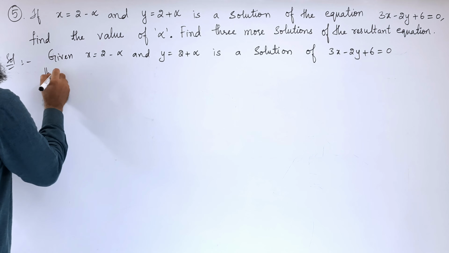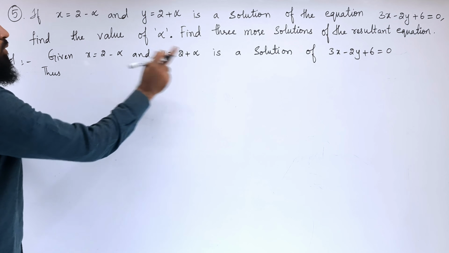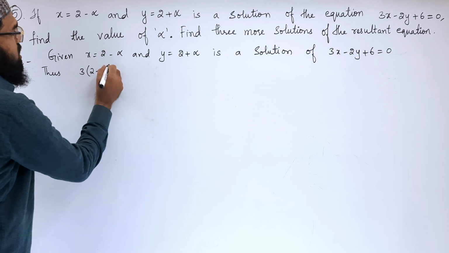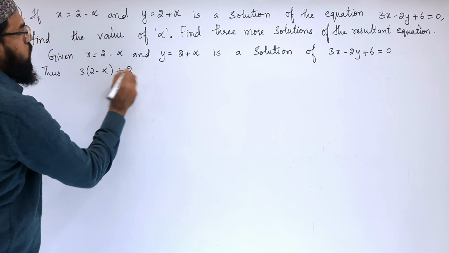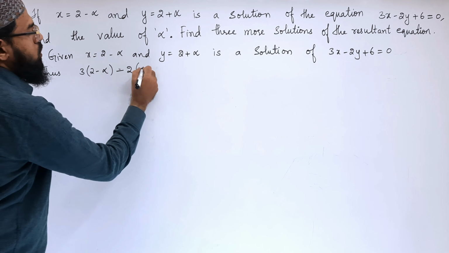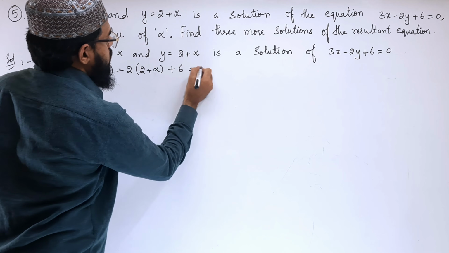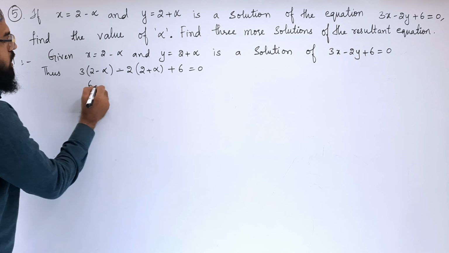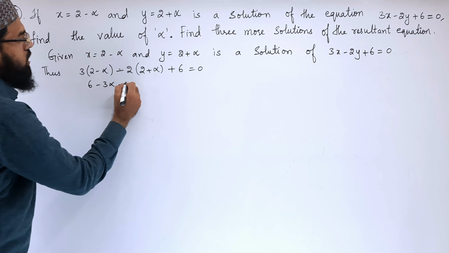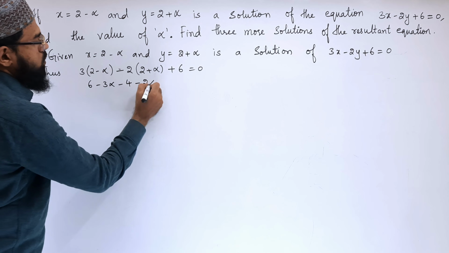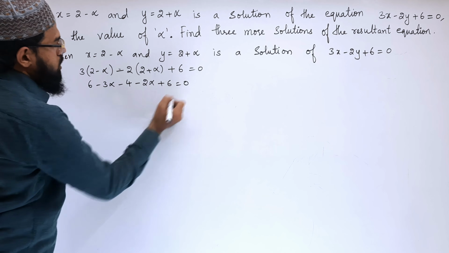Thus, if you substitute this in x place, so 3 into 2 minus alpha plus minus 2 plus alpha plus 6 is equals to 0. So 3 2s are 6, minus 3 into alpha, 3 alpha, minus 2 2s are 4, minus into plus is minus 2 into alpha, 2 alpha, plus 6 is equals to 0.